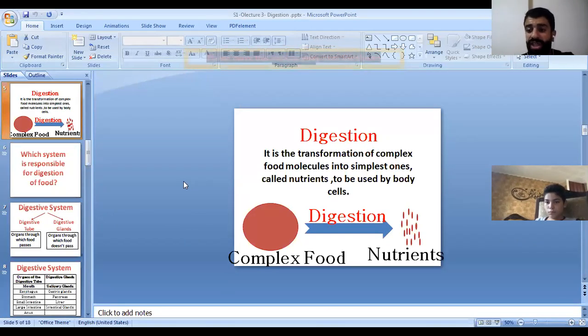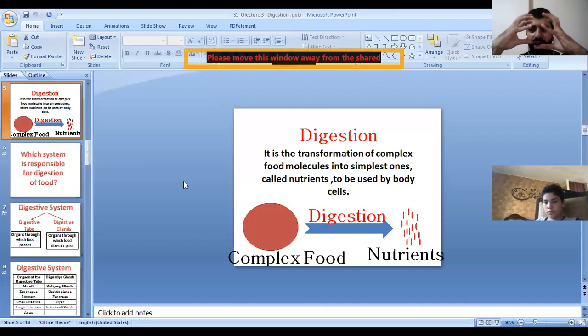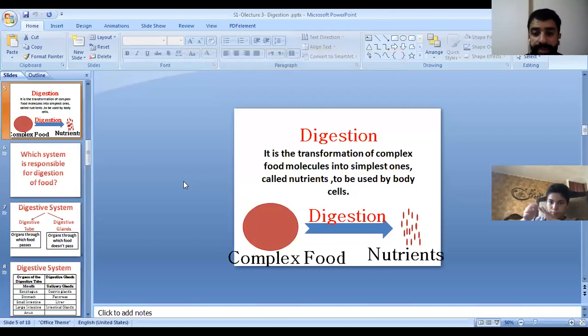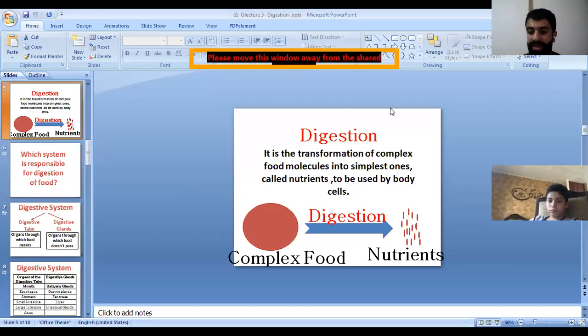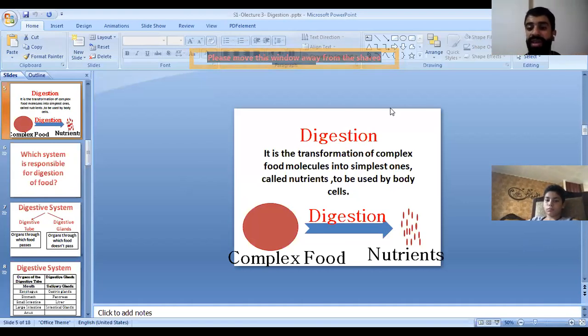So the definition of digestion, Hassan, is the transformation of complex food molecules, of large food molecules, into very smaller ones to be used by the body cells. These simplest ones are called nutrients.